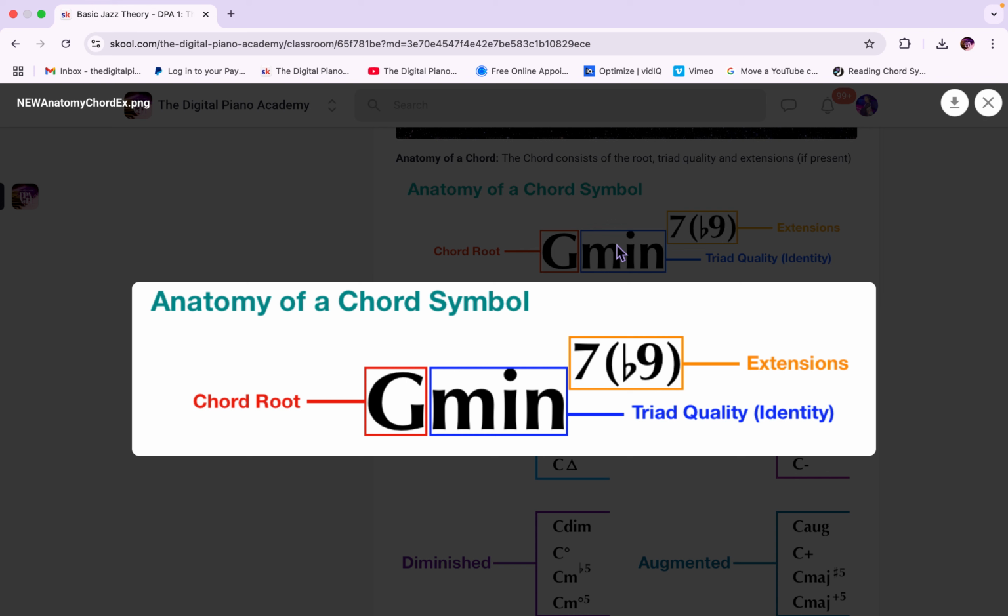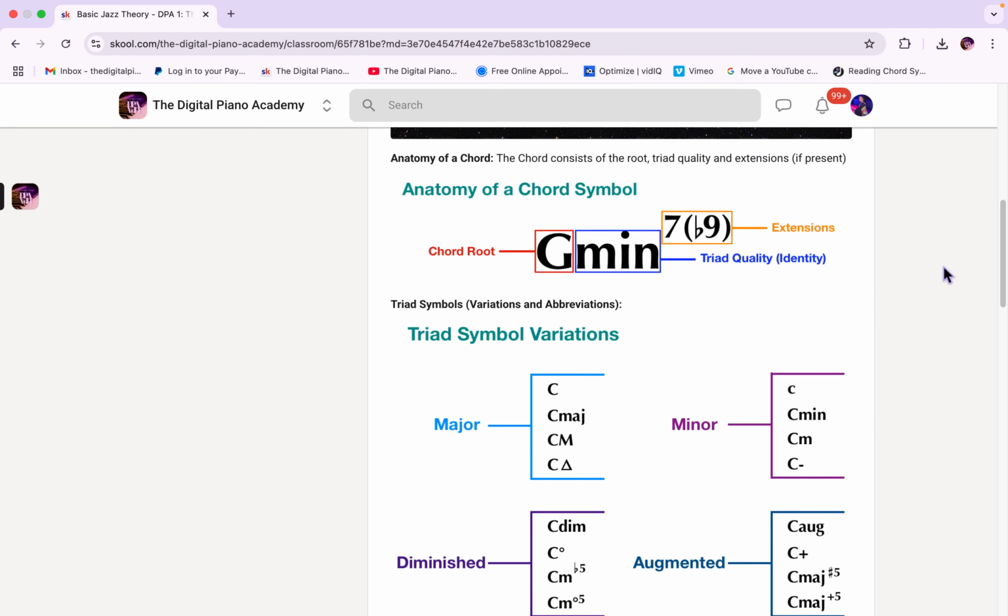And then you would have the extensions that would give the chord a bit more harmonic presence, that would alter it in some kind of way, that would just give it a different type of harmonic feel overall. So this is the anatomy of a chord, and it's very important to know this specifically in jazz.